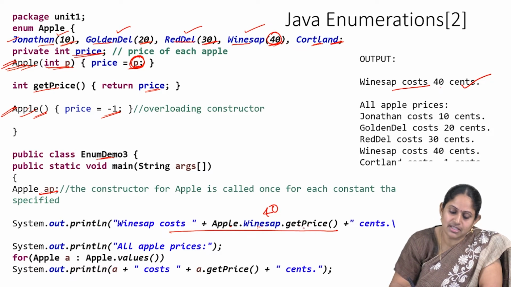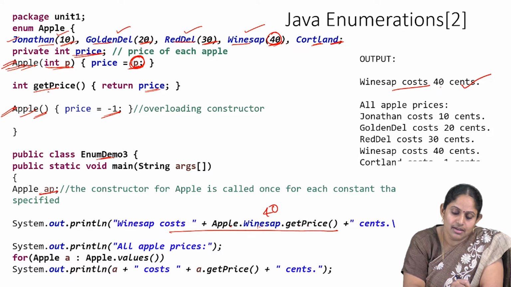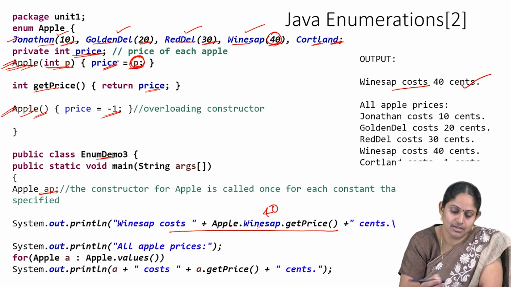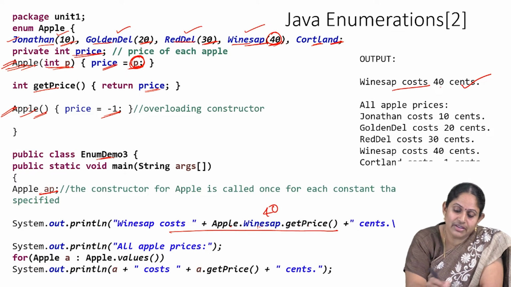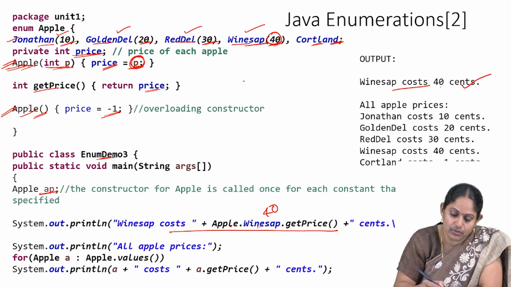So the getPrice method is used to retrieve the value of the price variable member of Winsap, which is stored when we create this enumeration.